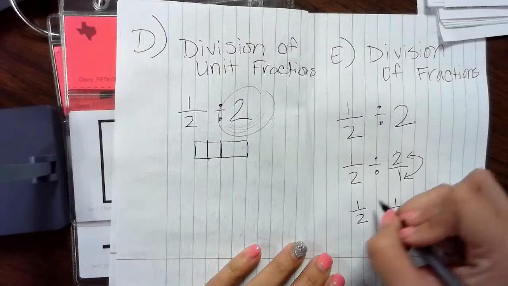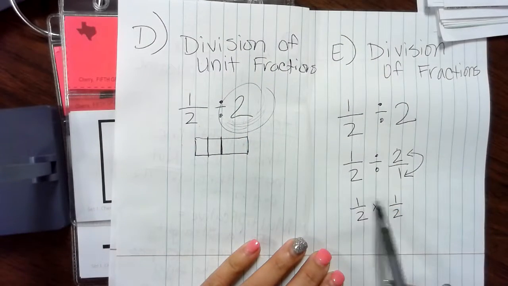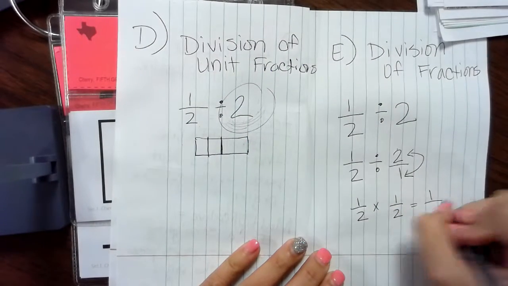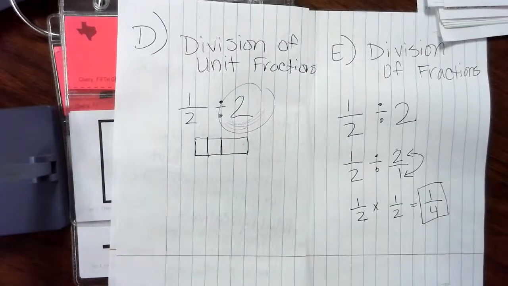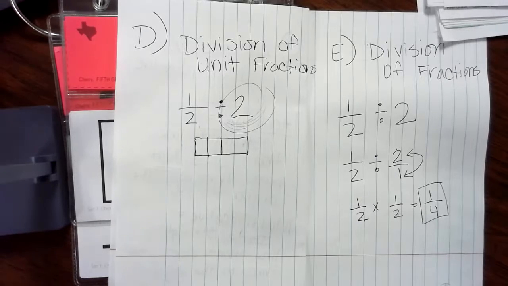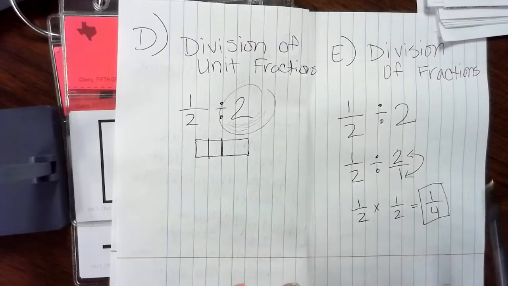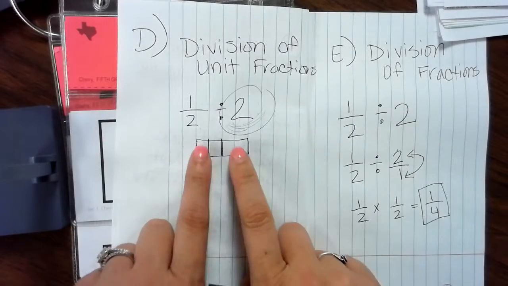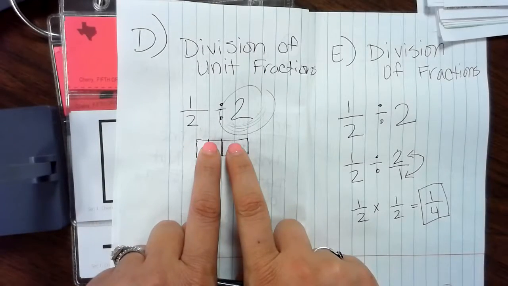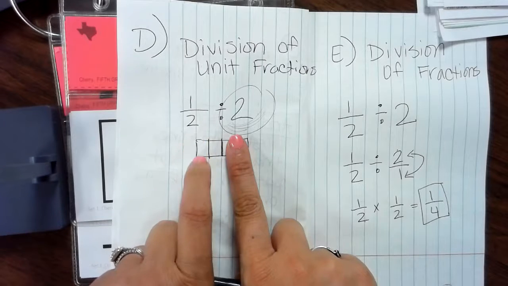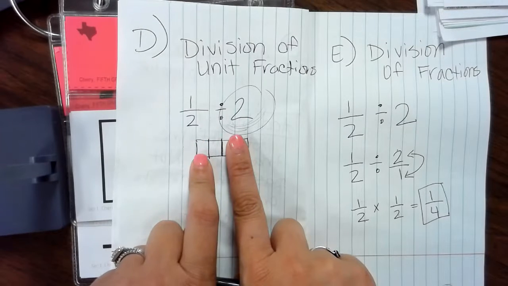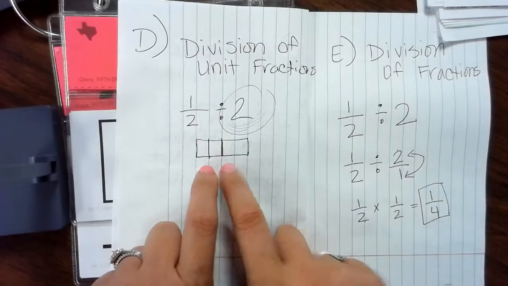And I changed this division to multiply. So 1 times 1 equals 1. 2 times 2 equals 4. So it's 1/4. Okay, so looking back over here, a while ago we had 2 parts, right? We then said if we took one of those sections and divided that into 2 sections, we now have this right here.